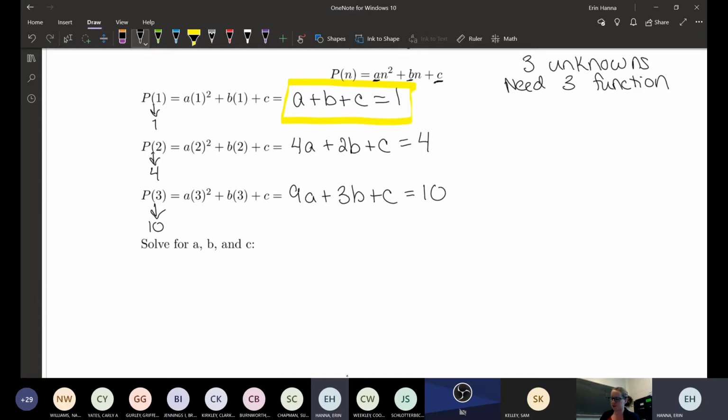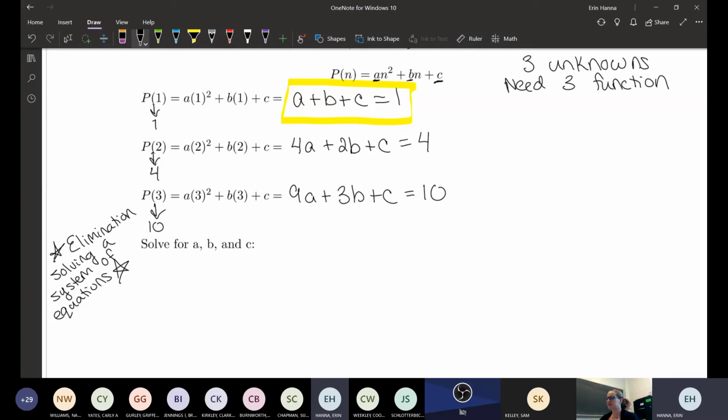We're going to use elimination, is what this is called in algebra. And it's solving a system of equations. If you're trying to look stuff up later because you had no idea what I was doing.